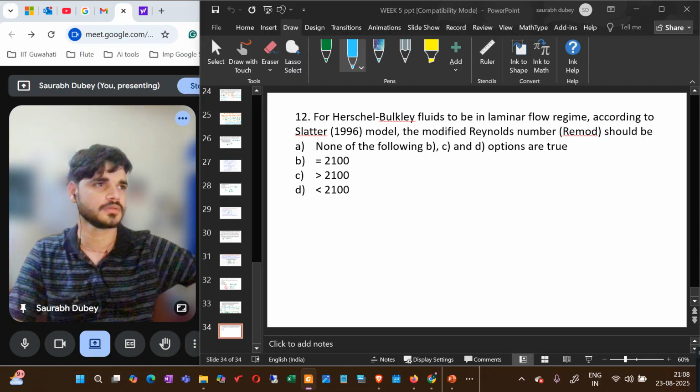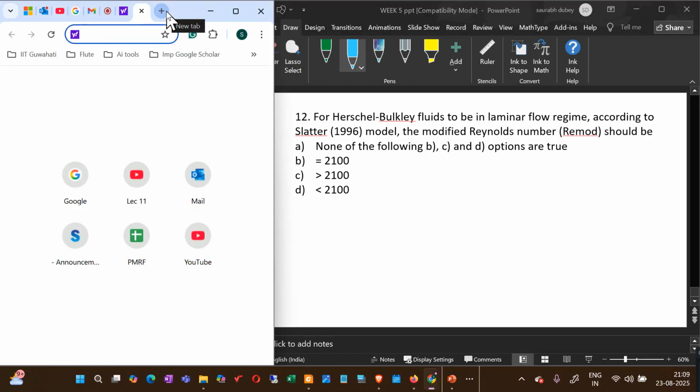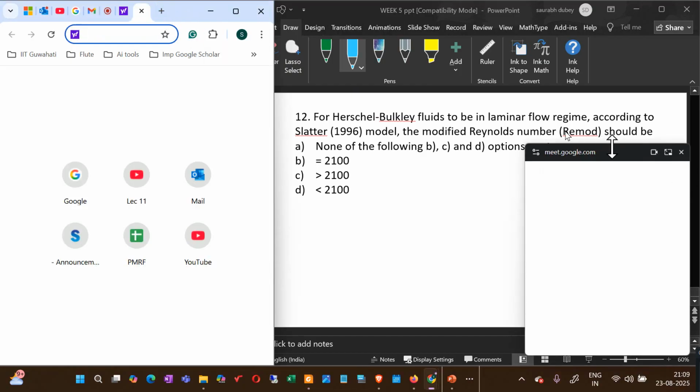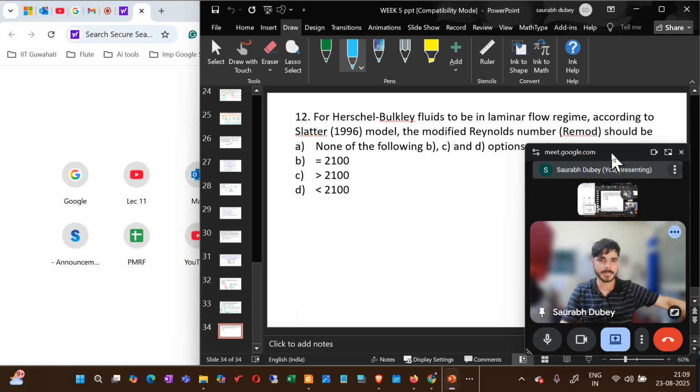If you see, you can try to dig out and solve it, right? This question I am leaving for you, and I will provide the answer. Just look at Slatter's model and then come to this. So it is less than 2500, which is given. So option B is correct.